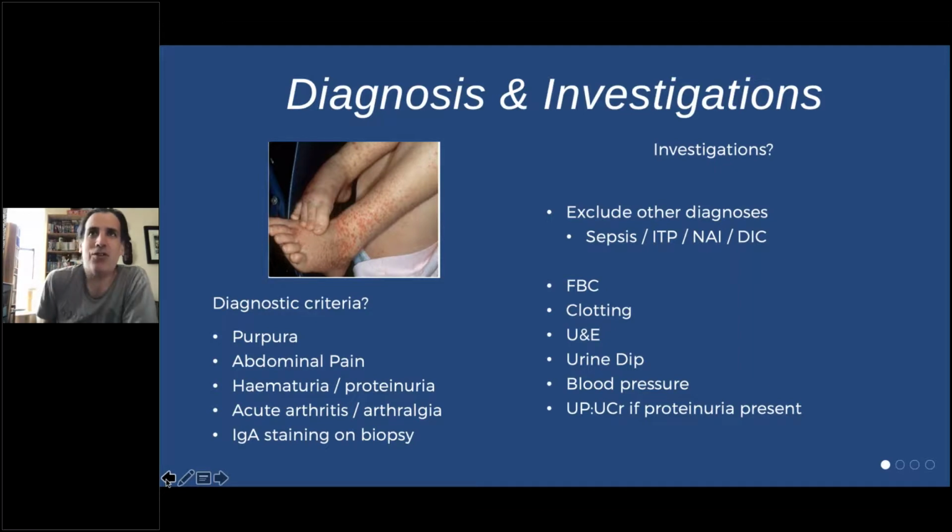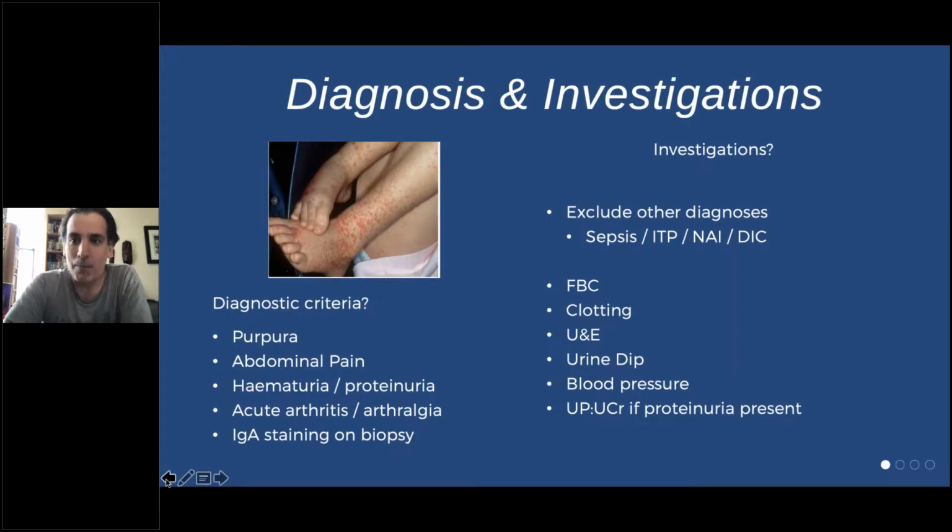It usually follows a viral infection, so you might have a slightly low lymphocyte count, but otherwise normal. The urea and electrolytes are normal. If the renal function is abnormal, then you would speak to the renal team. The clotting tends to be normal. If it isn't, it tends to be another diagnosis.